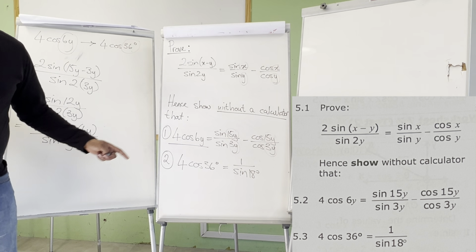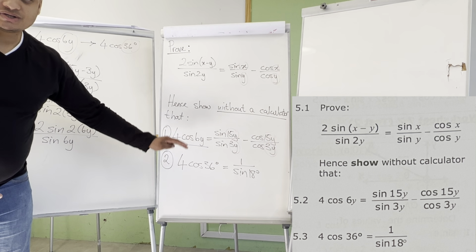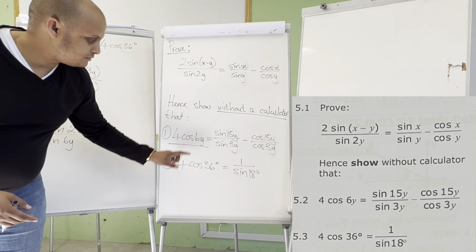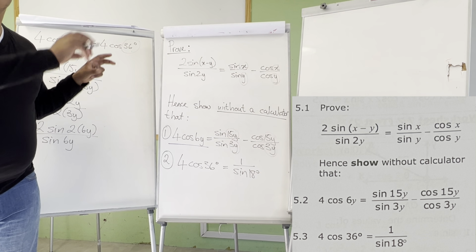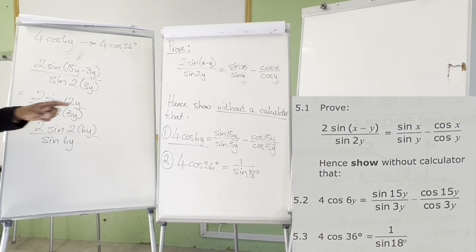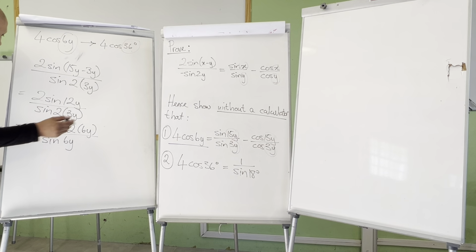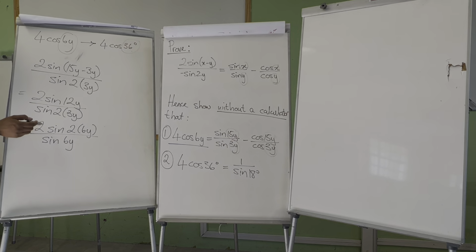When I said earlier that it falls into each other, it doesn't mean you're only going to look at the previous one. You can use your initial concept, your initial proof, your initial identity.